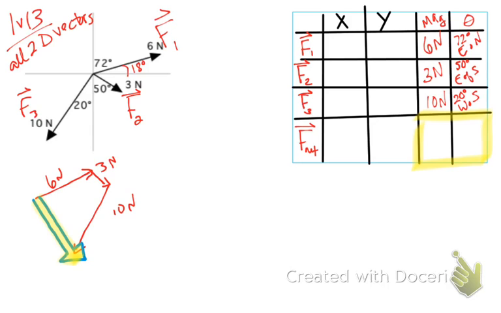There's our setup. Remember, the idea is that we're going to take each of these vectors and break them into their components. So let's do that. Here's my 6 newton one. Just so I can orient myself, I'm giving myself a little axis there.